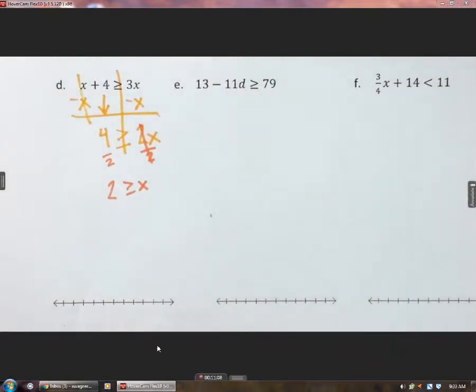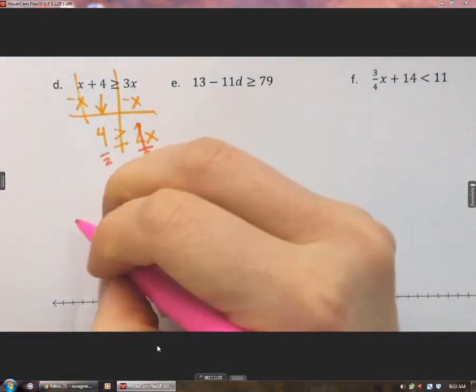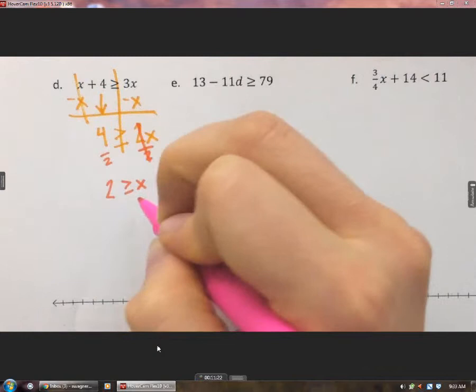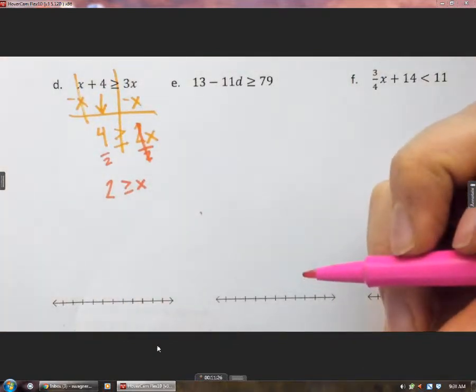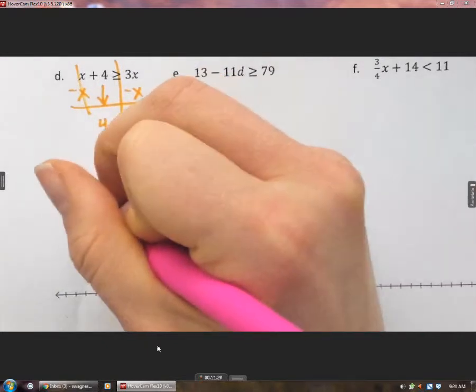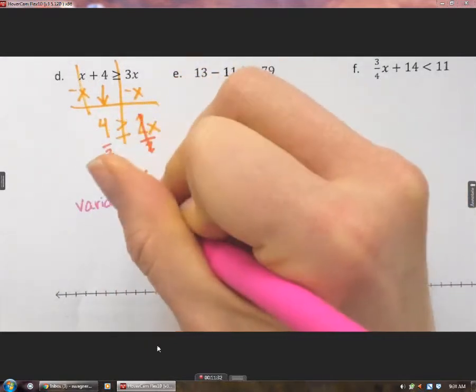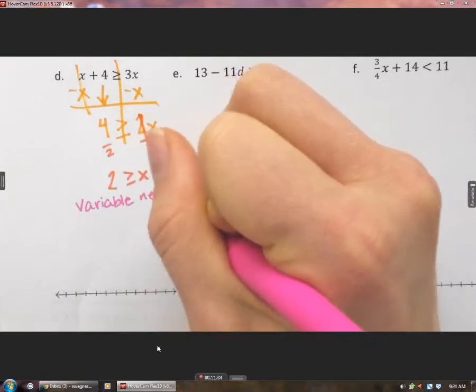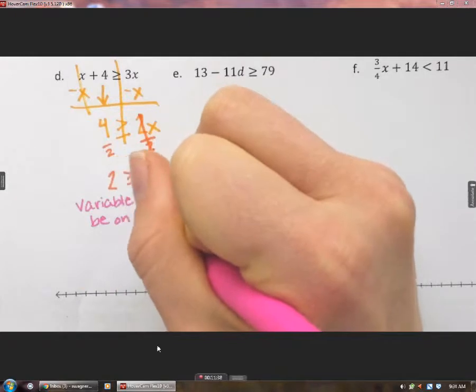Is my variable on the left? No, but can't you just switch it? Yes. So I'm going to switch it. I'm going to rewrite it. Because it doesn't have to be. I would accept this. The problem is that you're going to graph it wrong if you leave it like that. So the variable needs to be on the left side always.